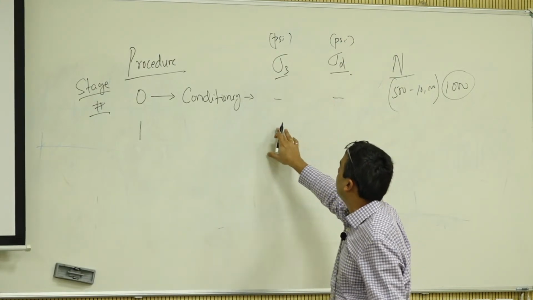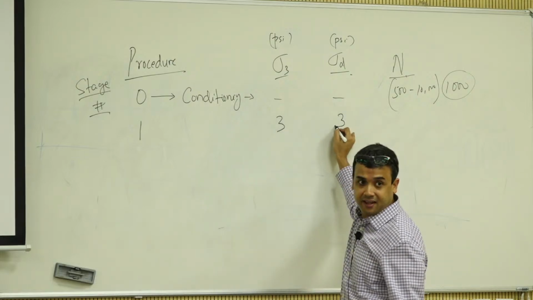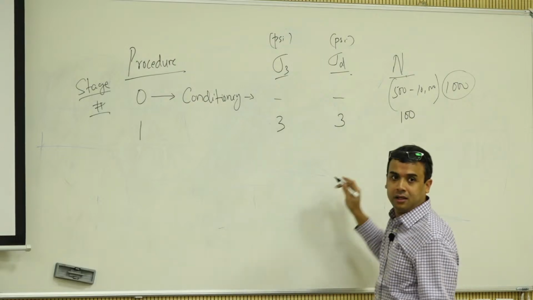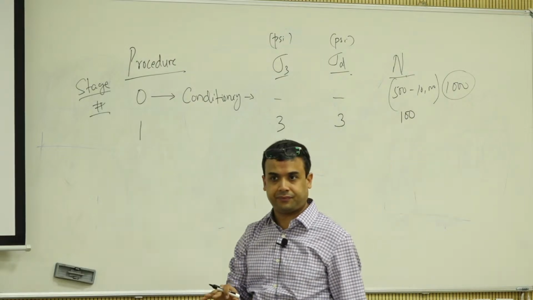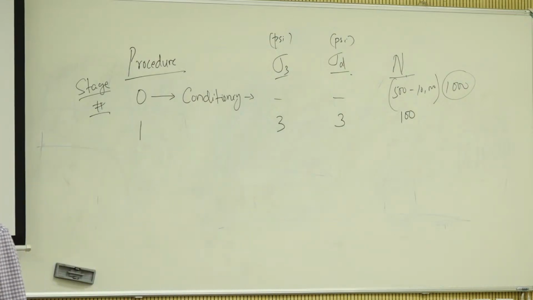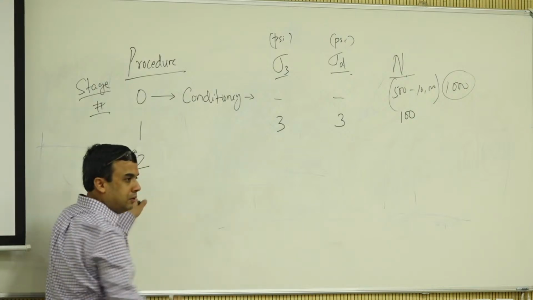It's 3 psi, 3 psi, and you apply 100 cycles, and every cycle, how long does it take? 1 second. So this sequence takes 100 seconds, which is what? 1 minute 40 seconds, right? Then you go to 2.